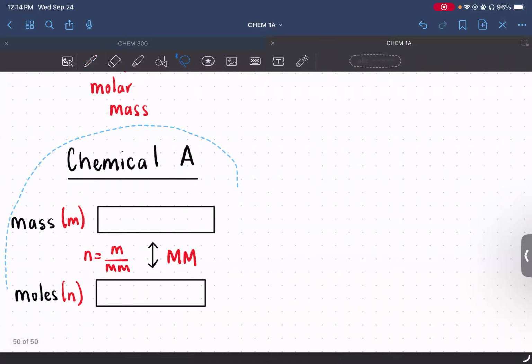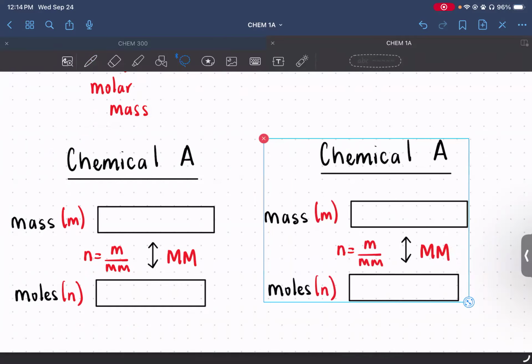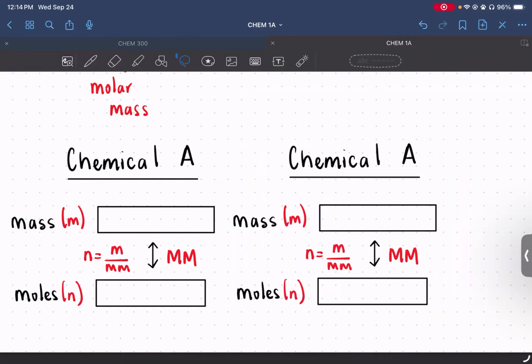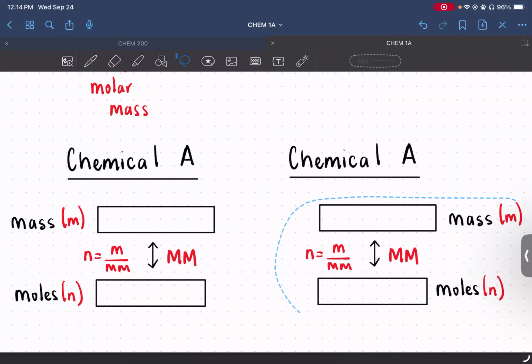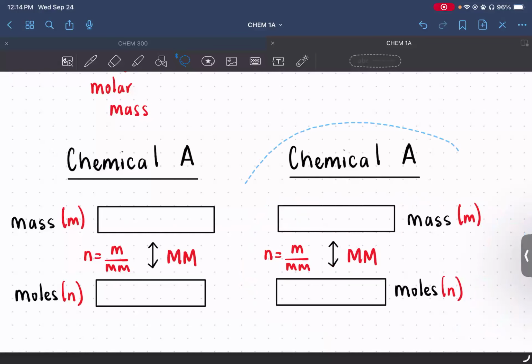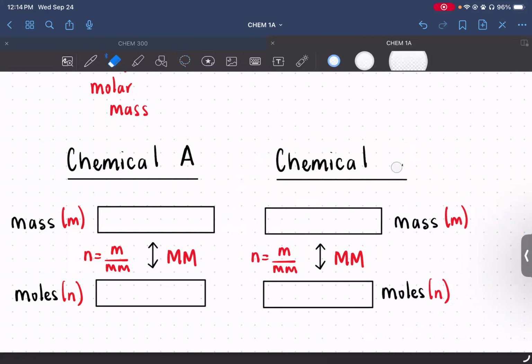We can actually make a similar diagram for another chemical. Let's call it chemical X. The exact same chart, mass and moles are related to one another. But the concept of stoichiometry allows us to link these two charts together, that blue arrow right there.